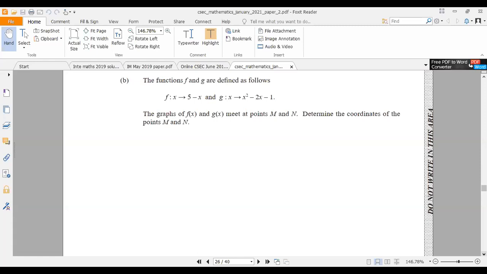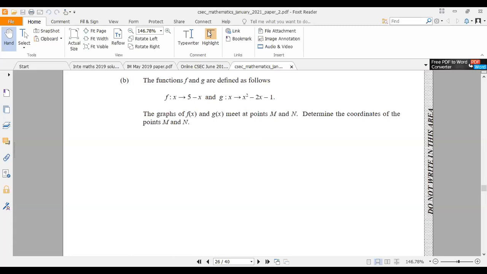Who can tell me? Put the functions on the graph, sir. No, read it again. f(x) and g(x) meet at a point, and they say you should determine the coordinates of M and N.